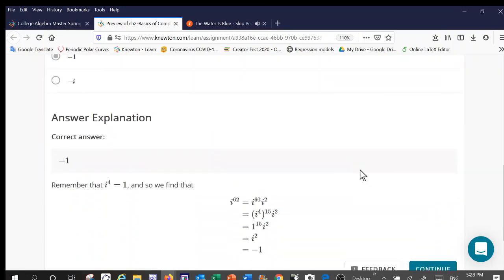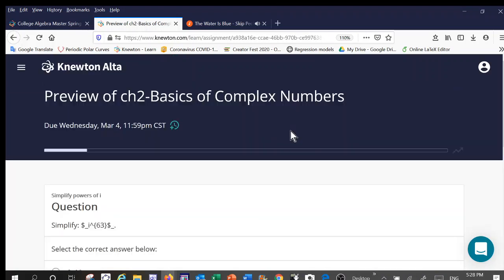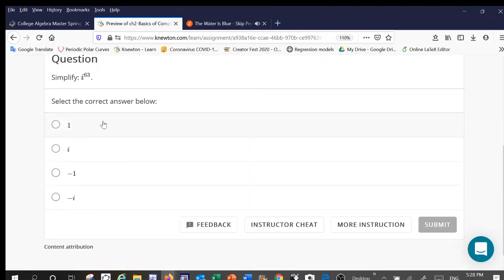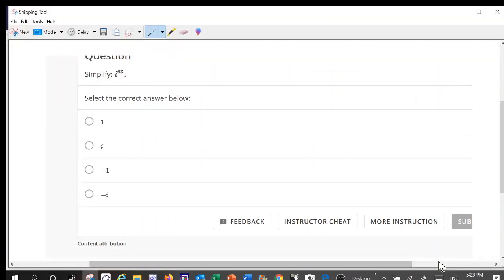All right, so these are basics of complex numbers. What is i to the 63? Well, you cannot do it the way I just did it, so this one has to be done this way. So now we have to write i to the 63 as i times i to the 62.